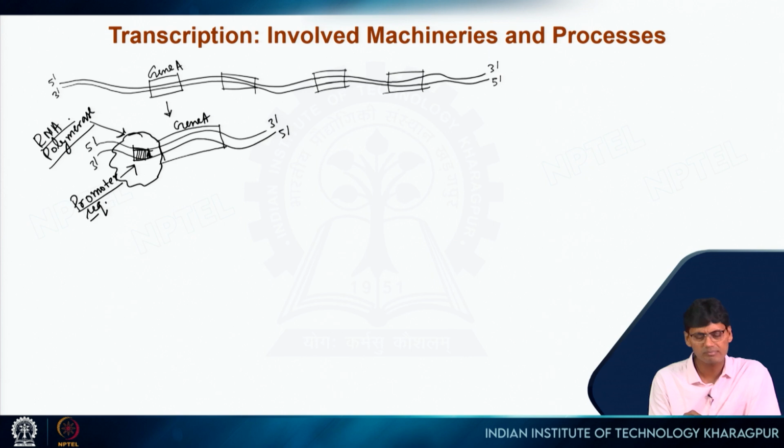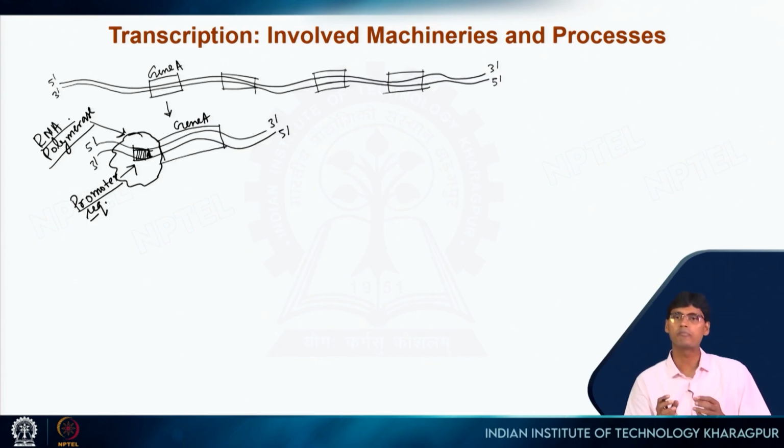Compared to replication, this is much simpler, without that much topological and logistic problem. We don't need helicase, topoisomerase or a lot of enzymes, because RNA polymerase alone can break the double-stranded DNA in just a small part so that we can have access to the single strand and make the RNA.